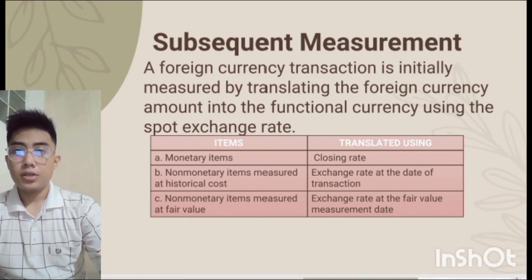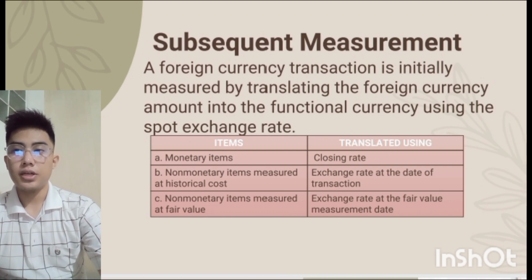Example: letter A, monetary items are translated using the closing rate. Letter B, non-monetary items measured at historical cost are translated using the exchange rate at the date of the transaction. Letter C, non-monetary items measured at fair value are translated using the exchange rate at the fair value measurement date.